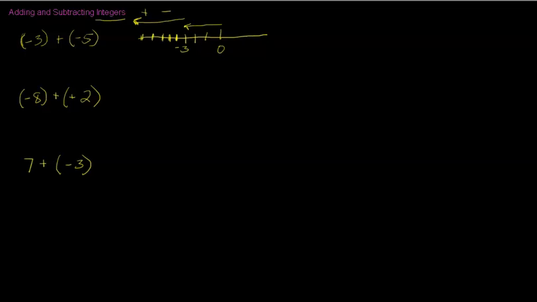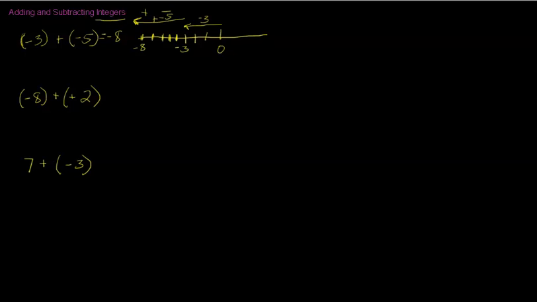So here's negative 3, plus a negative 5, and so we're at negative 8 here. Adding two negatives is just like adding two positives, except that it's going to be negative. So negative 3 plus negative 5 is negative 8.